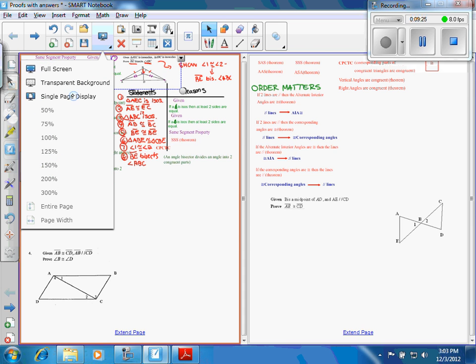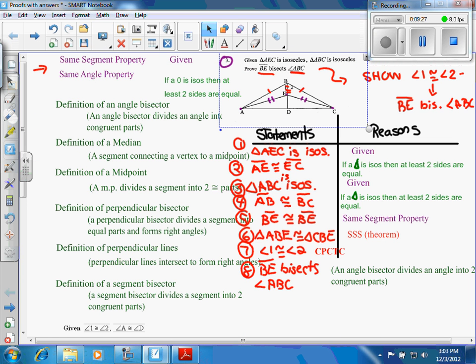So can you see that at all? We good there? So we went through and we came up with congruent triangles. You have to have this before you have corresponding parts. Does that make sense?